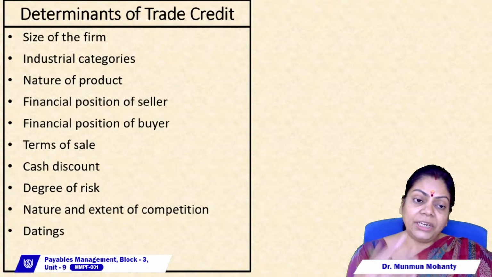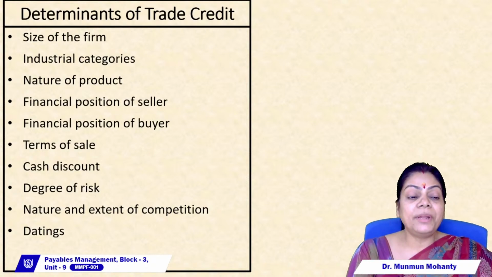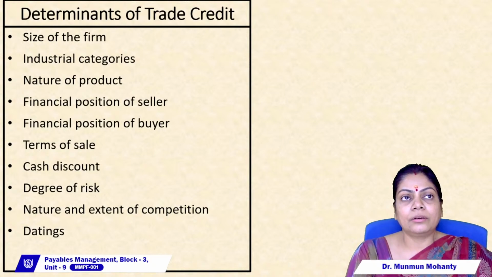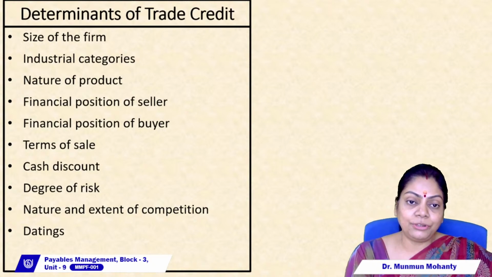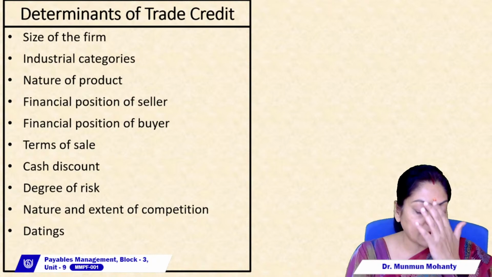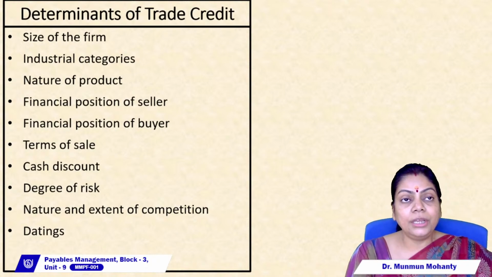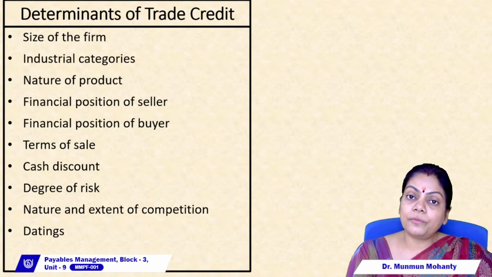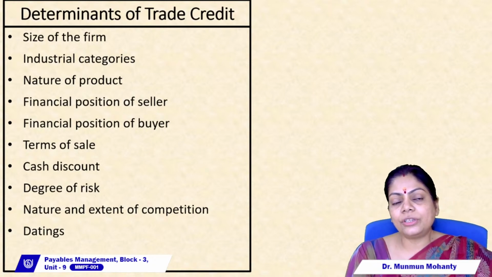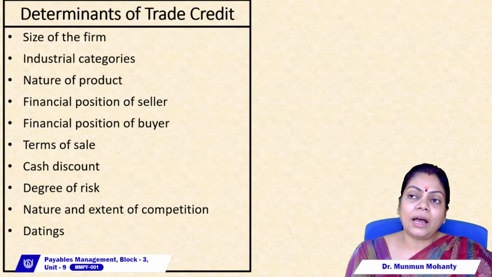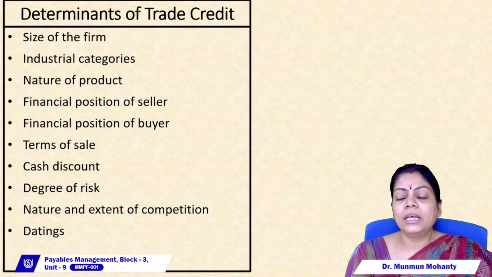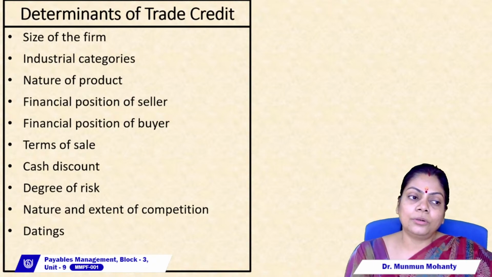Many times I've seen that the buyer, as we discussed a few minutes back, considers the trade credit as a source of interest-free financing. So obviously, if I consider that as interest-free financing, the buyer will have a tendency to willfully extend.